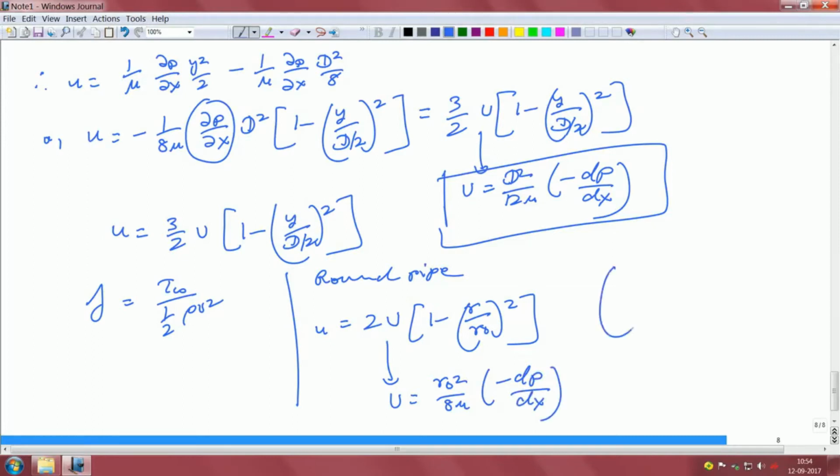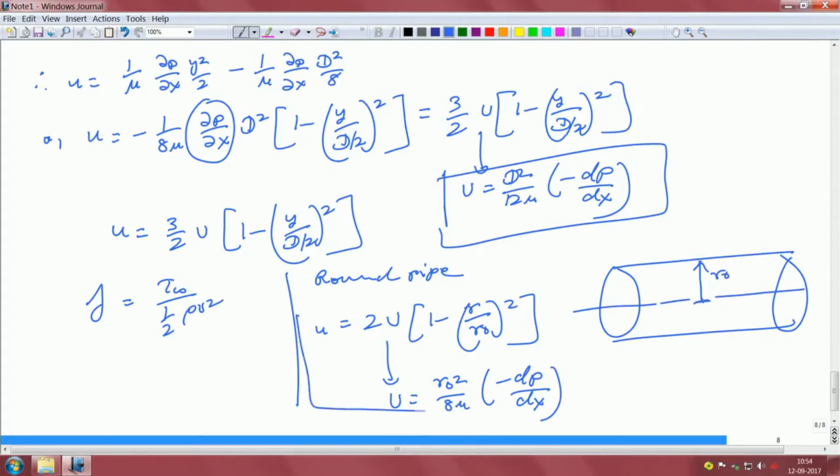So it is a round pipe like this. This is r naught, which is the radius of the pipe. So it is a very similar expression. This time you have to take care of it by using polar coordinates.